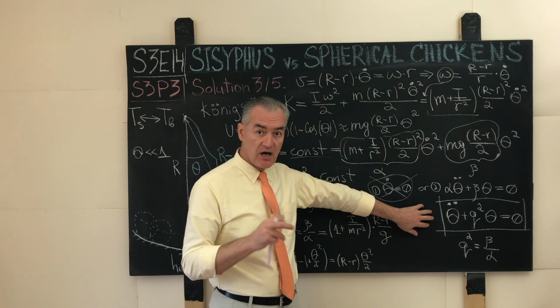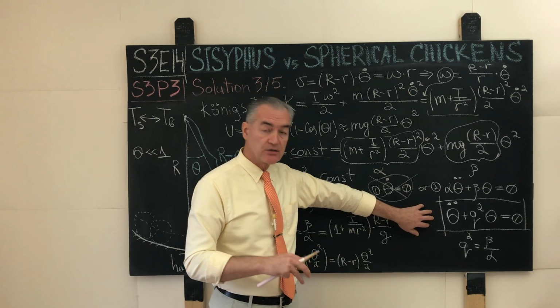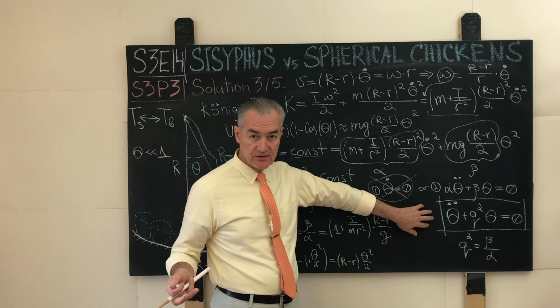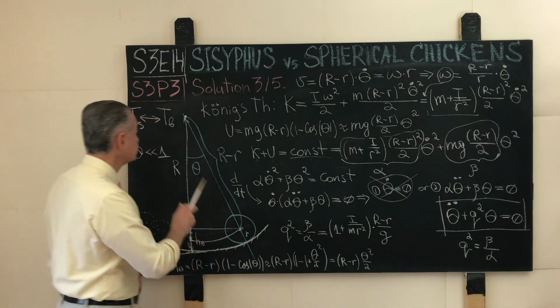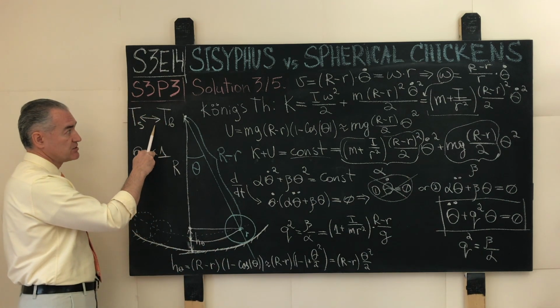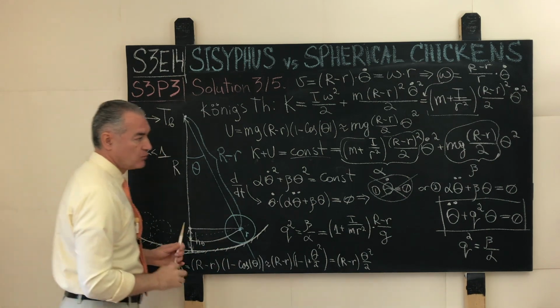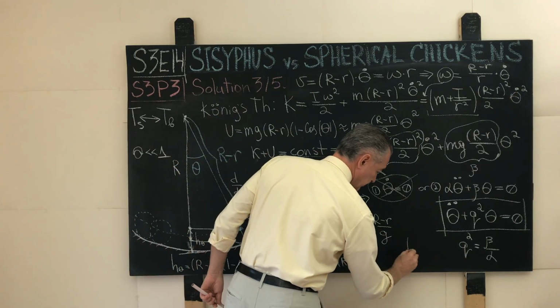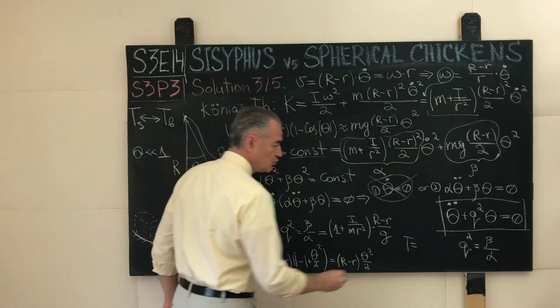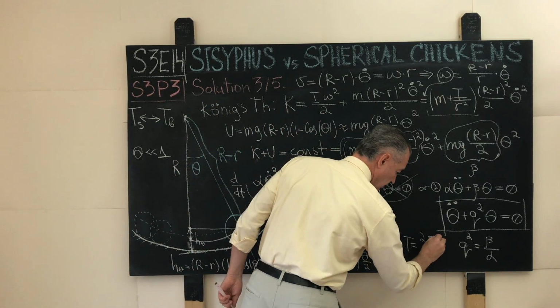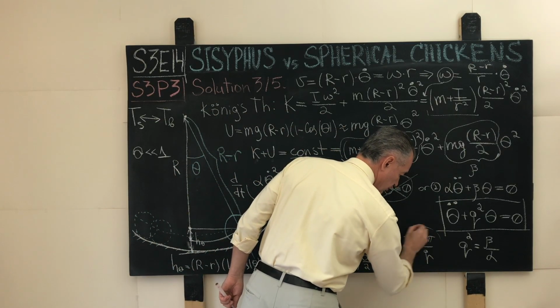It is the trigonometric function of sine or cosine, depending on your taste. The idea is that either sine or cosine is 2 pi periodic. So we already know that the period of oscillation, for small angle oscillations, T, will be what? It will be precisely T equals 2 pi divided by q.